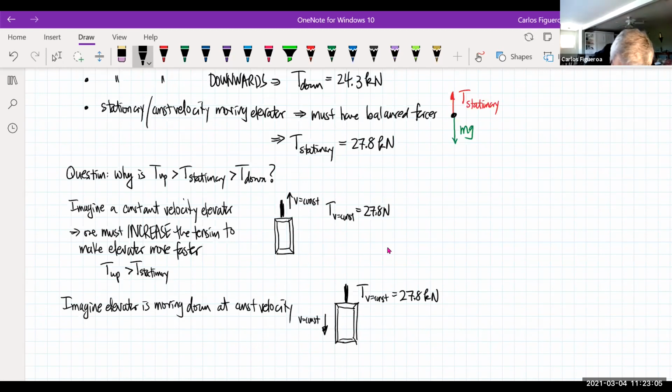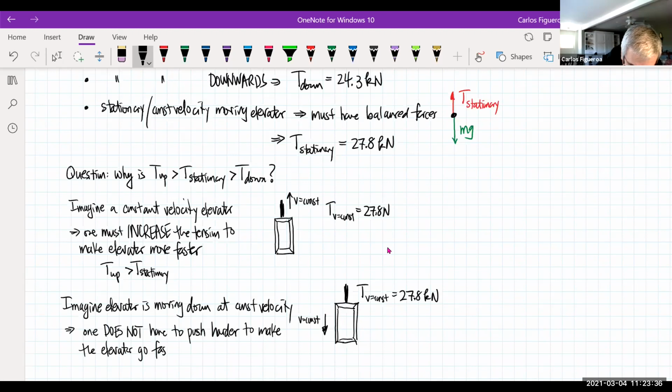Now, since this is already moving in the direction of gravity, note that in this case one does not have to push harder to make the elevator go faster, because it's already moving in that direction.